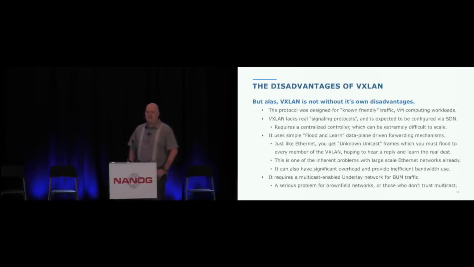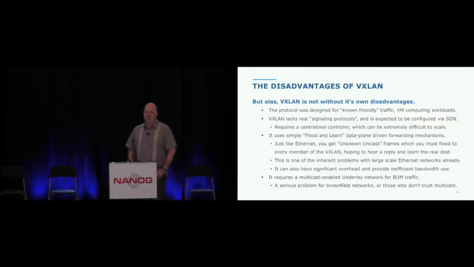But VXLAN is not without its own set of disadvantages. So really the problem here is because this was designed for cloud, it was designed for known friendly traffic. When you're the one running the servers and you know what they're all sending and you control it, and assuming that you've not been hacked, you have a pretty good idea of what that traffic is, and you know that it's not going to be malicious or weird. So VXLAN really lacks any kind of signaling protocols.